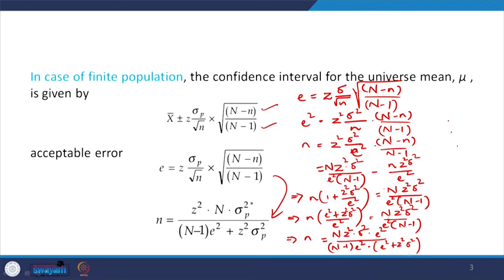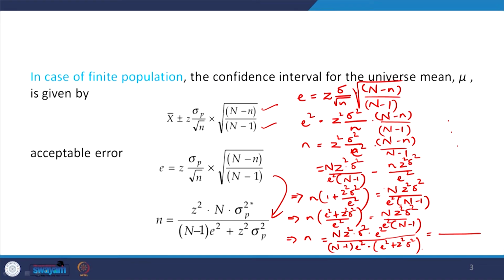If I take E squared out of it, then what is left is this. Now I take E squared out, so the numerator remains constant.